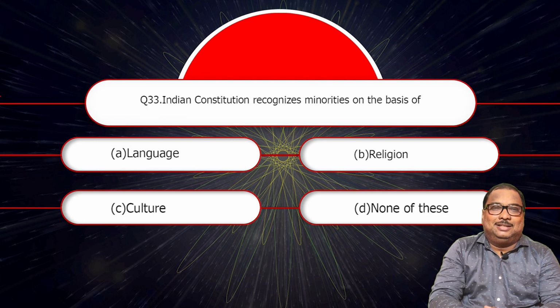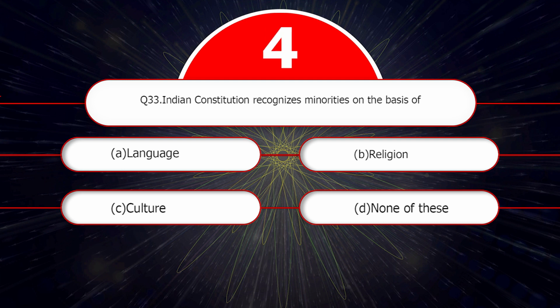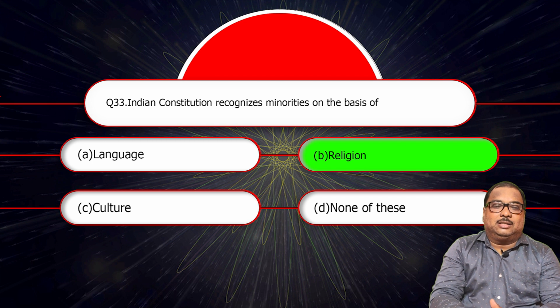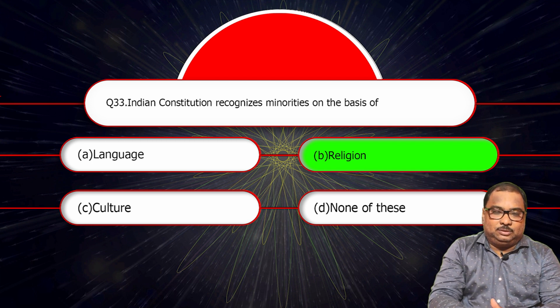Next question. Indian Constitution recognizes minorities on the basis of option A language, option B religion, option C culture, option D none of these. Your time starts now. The correct answer is option B religion, religious minority.